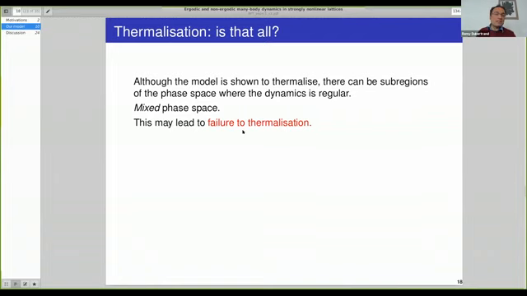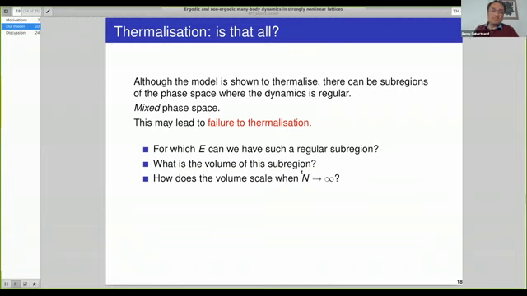And actually, we identified a few of these regions, and I'm not sure I can go into the details of them, but basically we wanted to address the 3 following questions. So for which value of the total energy can we have a regular subregion in the phase space?